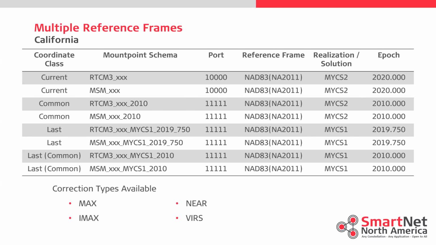Common will be moved to the new realization and the 2010 Epoch, because that's the common Epoch at the NSRS level. Last will be NYCS1 2019.50, because that's what's going out right now from the fall adjustment. And for last common, we will maintain NYCS1 Epoch 2010 solutions on stations until the spring as well.